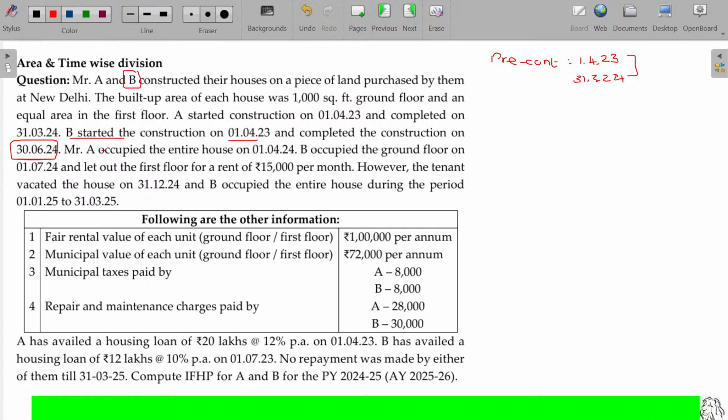Mr. A occupied, that you can leave it. B occupied the ground floor, okay, on 1/7/24, self-occupied, and let out the first floor for a rent of rupees 15,000 per month.